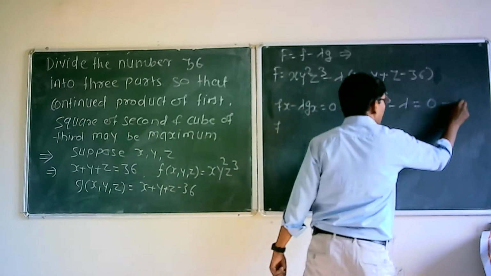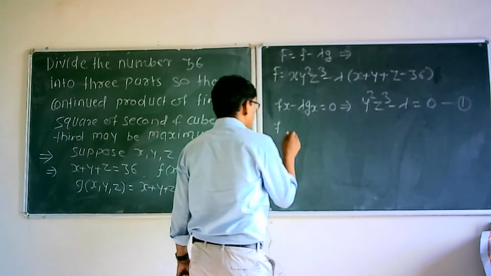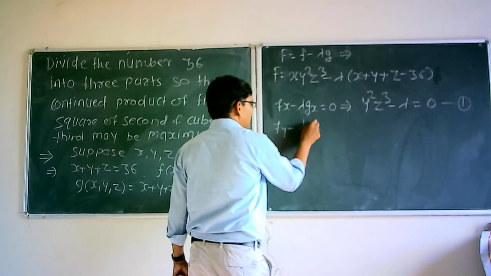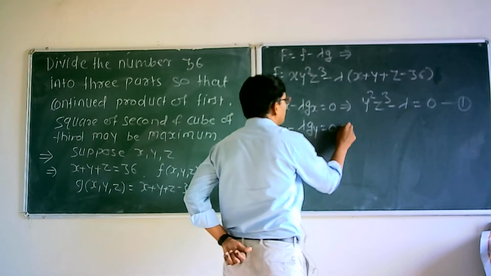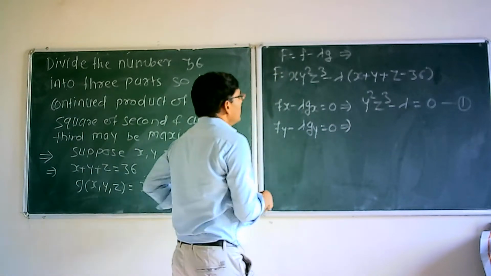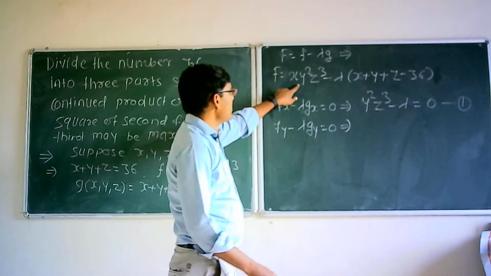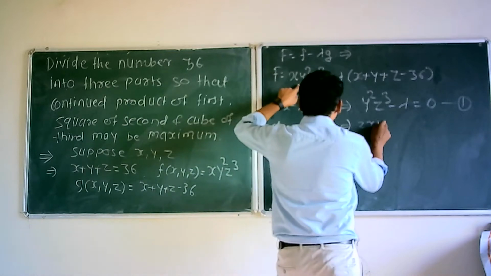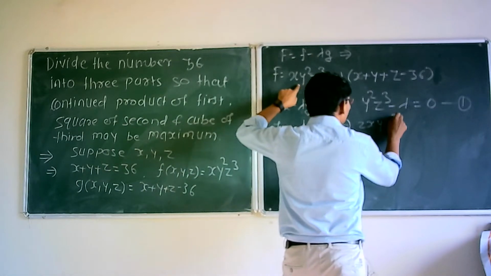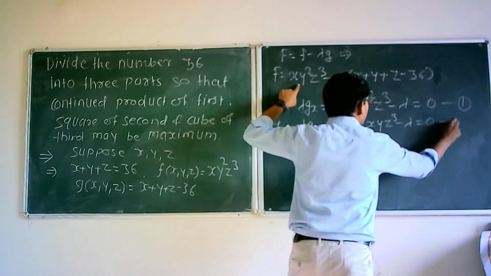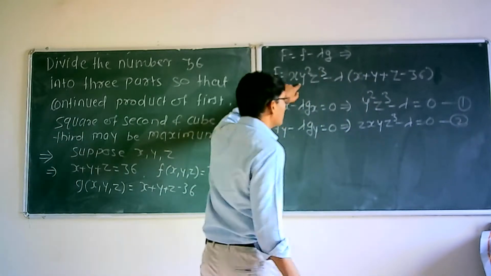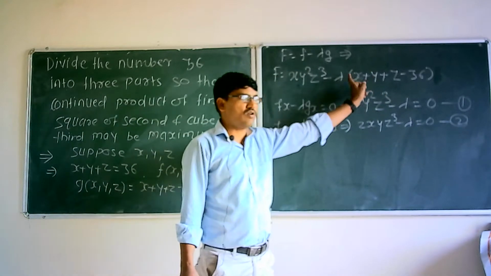So this is equation number 1. Equation number 2: f of y minus lambda g of y is equal to 0. What is the derivative with respect to y? 2 x y z cube minus lambda is equal to 0. So this is equation number 2.